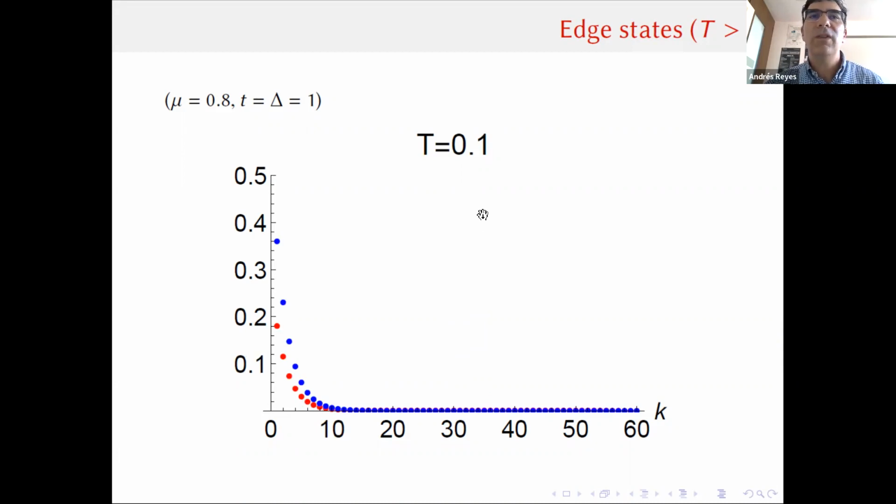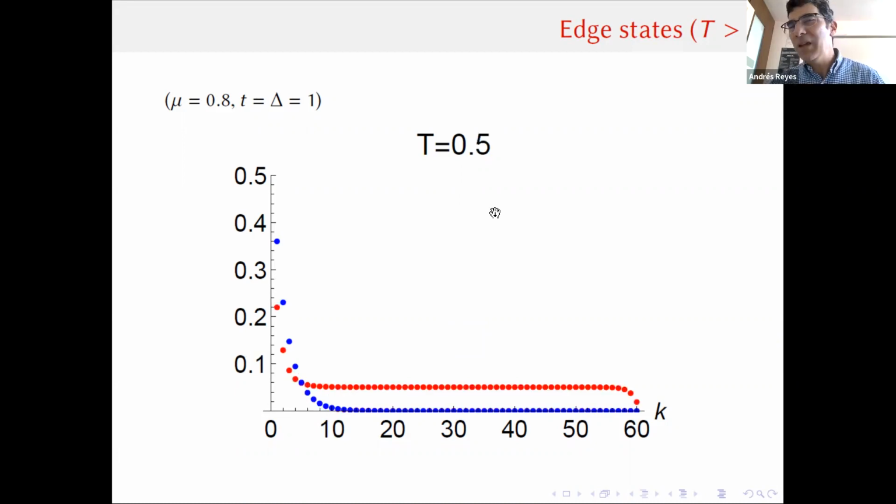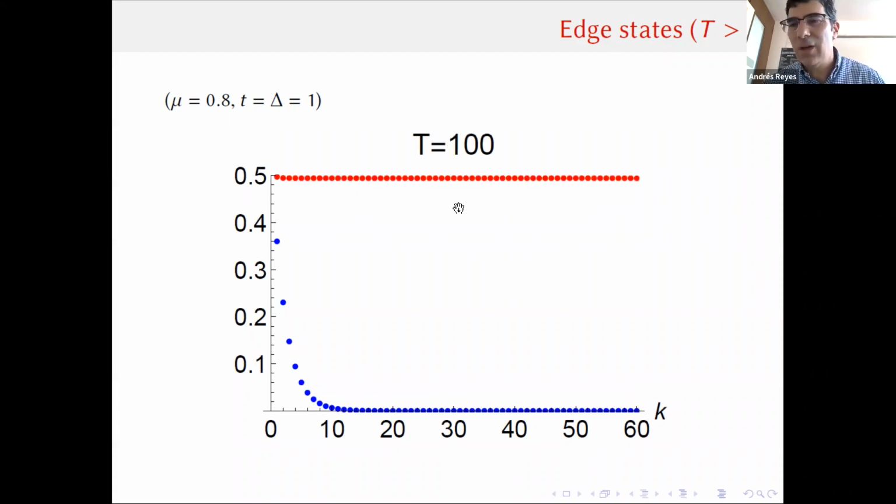So what you see is a change in behavior. Look what happens if I increase a bit the temperature. Then I could still talk about a localized state on the edge, but some delocalization starts appearing. The change will not be an abrupt one, but we still can talk about something on the edge, and at some point you will definitely not be able to talk about edge states.